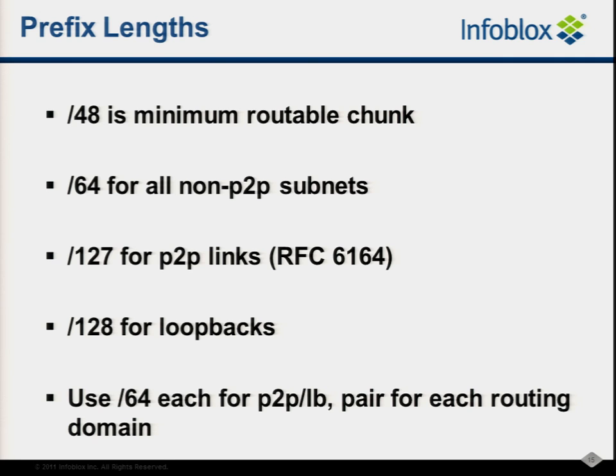So if I have 3 sites that are physically disconnected with no backbone, each of which has their own internet connection, and I am planning to use the same prefix and have it announced from 3 places, I need to have 3 /48s. And when you go to your RIR and justify your space, because Infoblox did this, we had 5 sites that we needed.